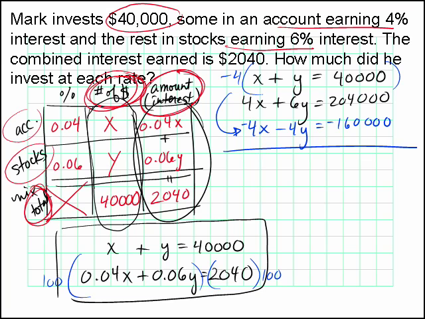Okay, so if I add these two equations together, the x's are gone. I've got 2y, and 204,000 minus 160,000 is 44,000. Divide by 2, $22,000.